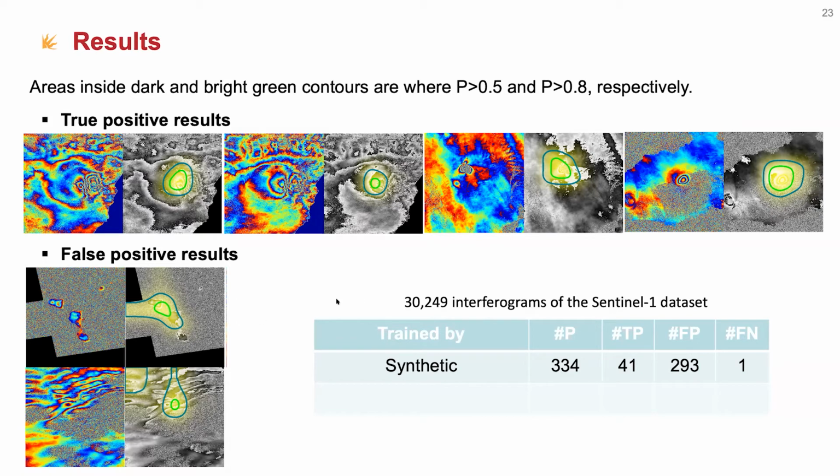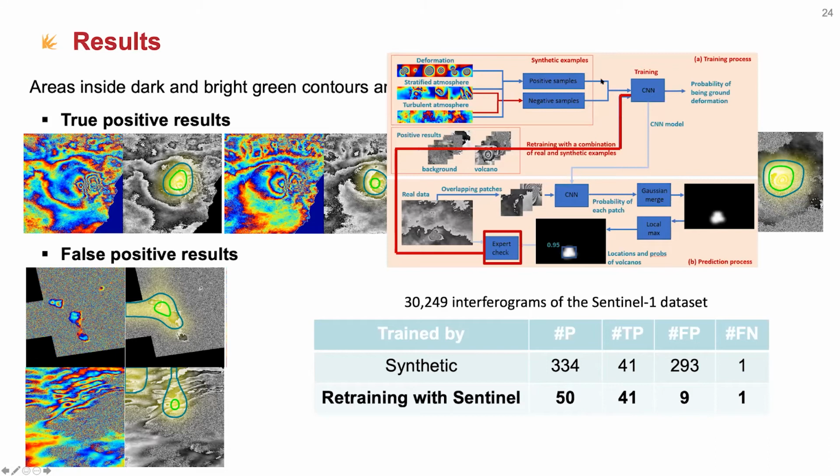With the first trial, we had 20,000 interferograms from Sentinel-1 datasets, trained by synthetic data alone. We found about 334 positives, with 41 true positives and quite a lot of false positives. So we had the expert, Fabian, check them, and then we fed all the results back, trained with the first dataset, and remodeled it.